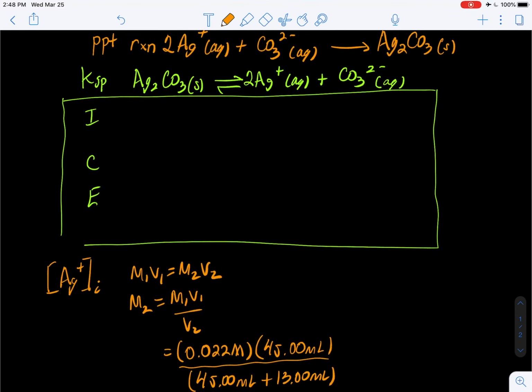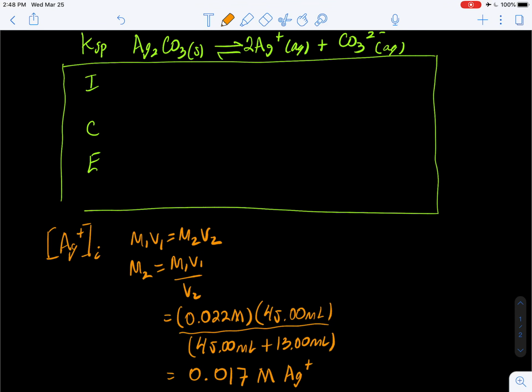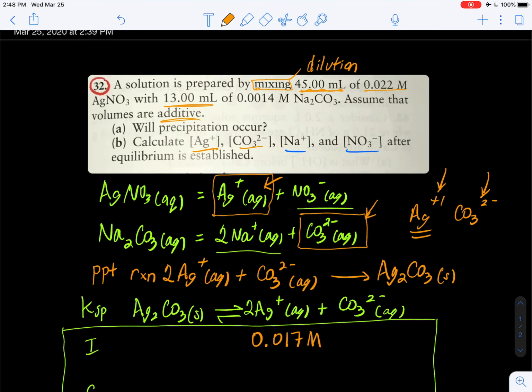So let me go back up to my ice table here, and I'm going to plug in right here 0.017 molar.